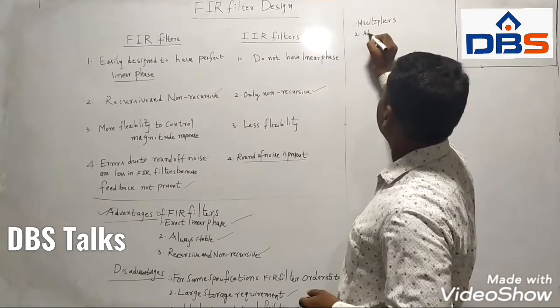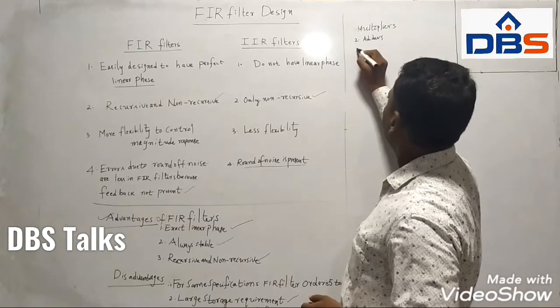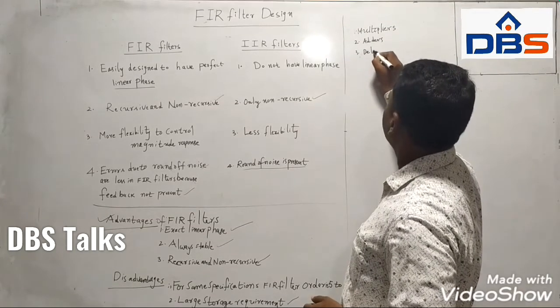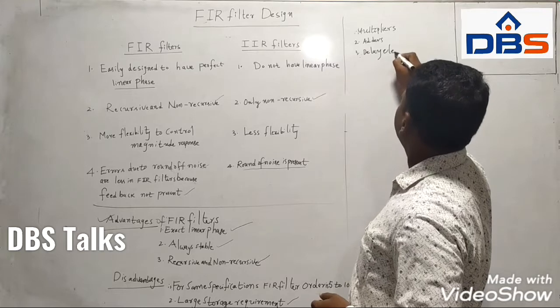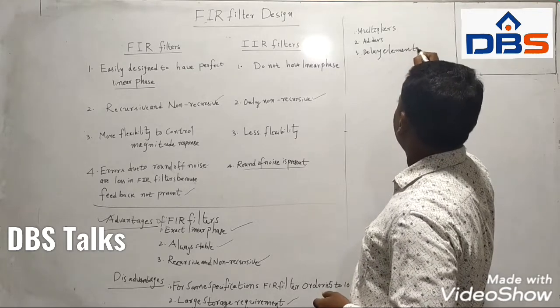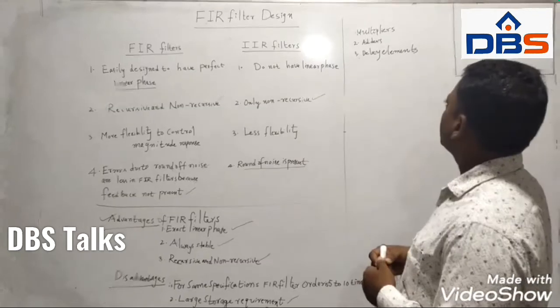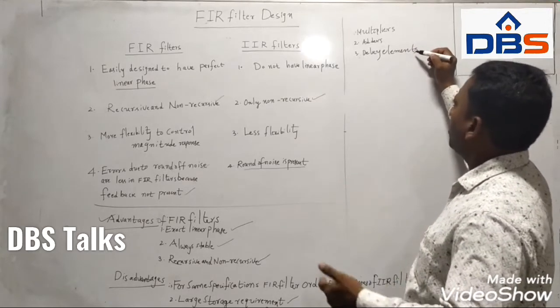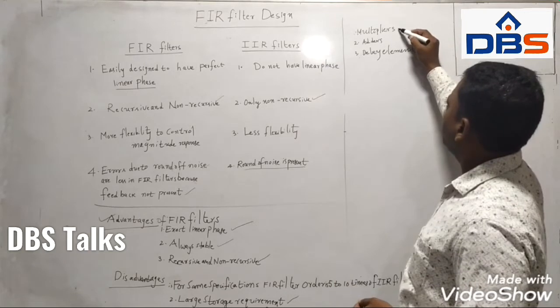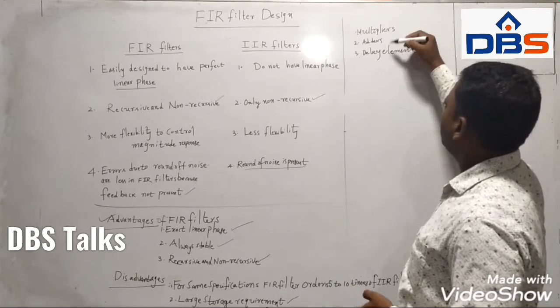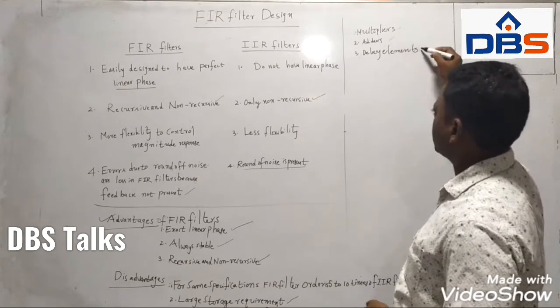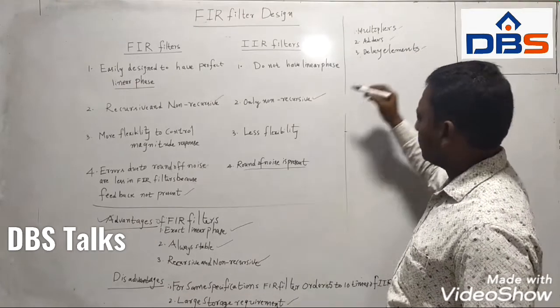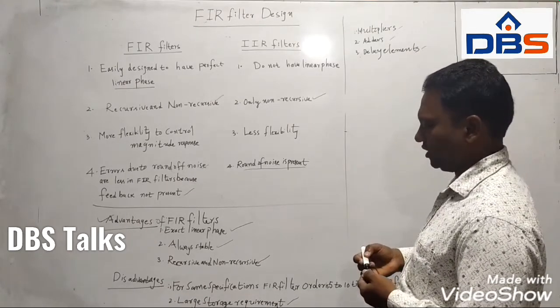These are the three hardware requirements to design the filters: multipliers, adders, and delay elements. If you have more inputs and outputs, we need more of these hardware components. So these are some of the disadvantages.